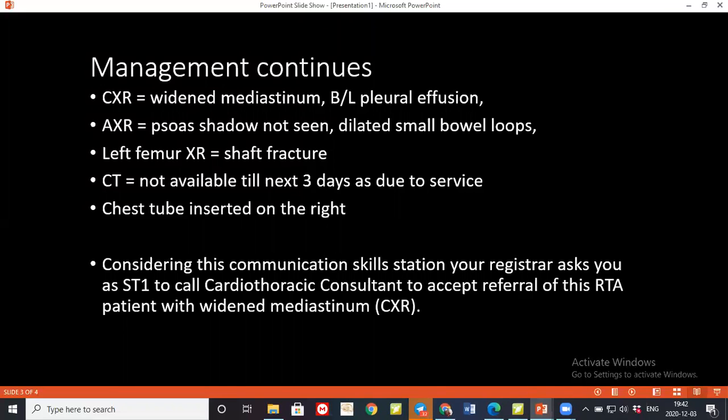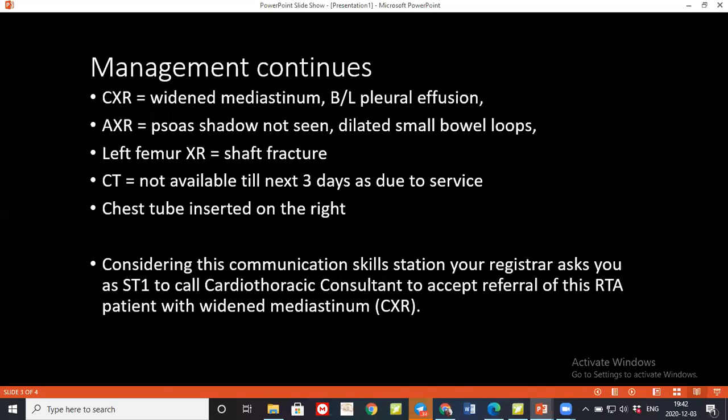What about his cervical spine? How are you planning to manage it? I don't know whether he's in a cervical collar, but as soon as I get off the phone, I will make sure that he's wearing one, and I will let you know about that.